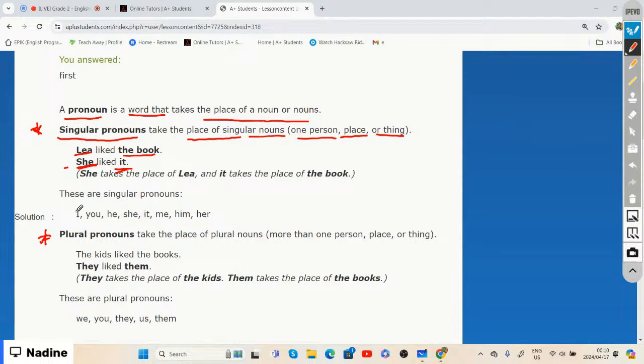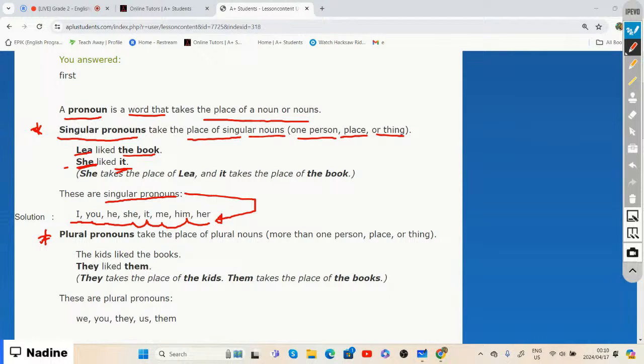If we look at the singular pronouns, our singular pronouns are words like I, you, he, she, it, me, him, and her. These are our personal pronouns.